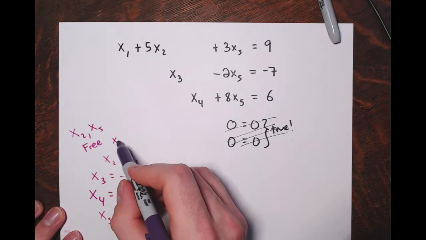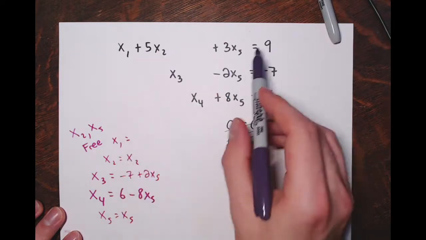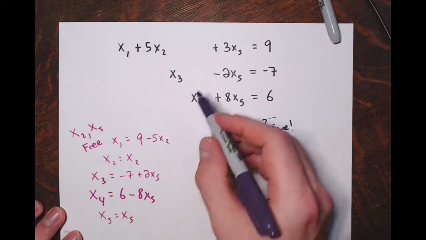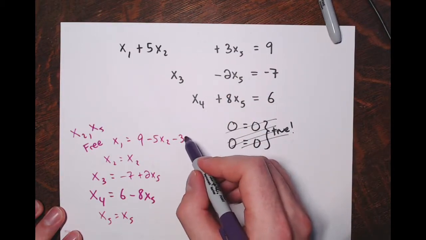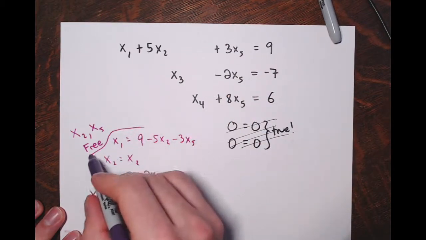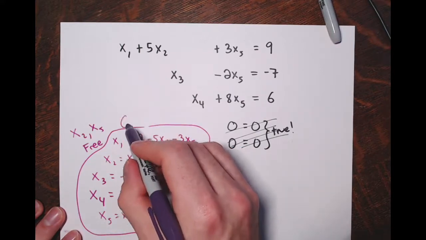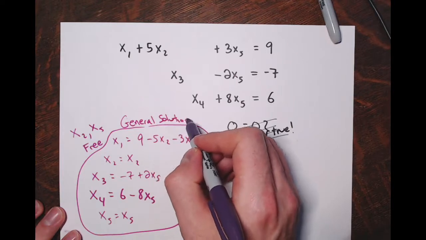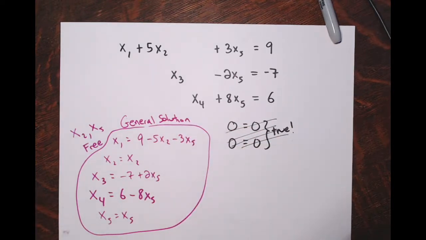And x1, just solving the top one, would be 9 minus 5x2 minus 3x5, right, solving for x1. And there's a description right here of the general solution to this system.